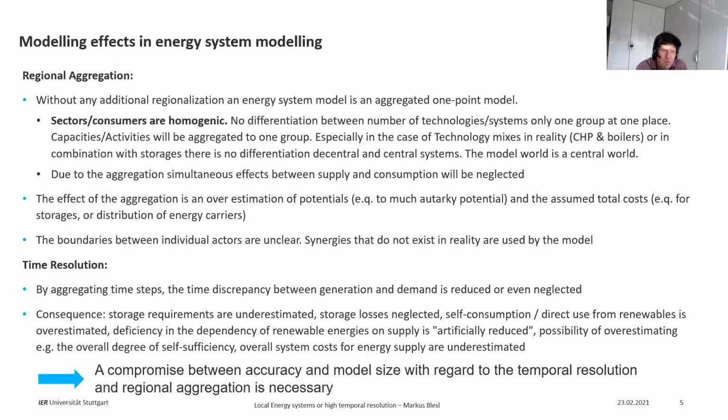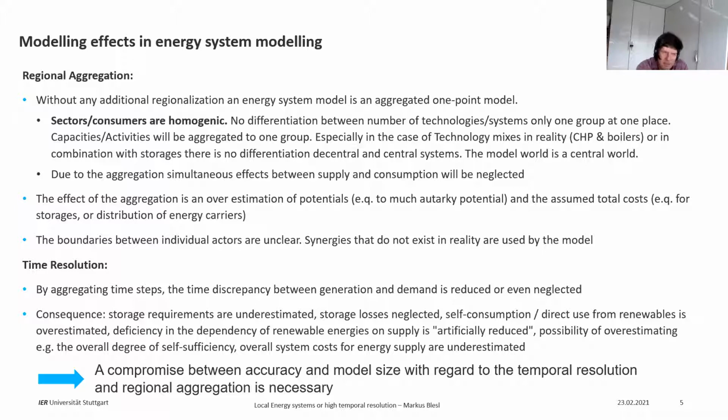There is only one group in one place, especially if you look at the capacities and the activities, they will be aggregated. And you don't really have a decentral system, you have a more centralized world, because if you, for example, model storages, they will be more or less aggregated to one big storage for the whole system.